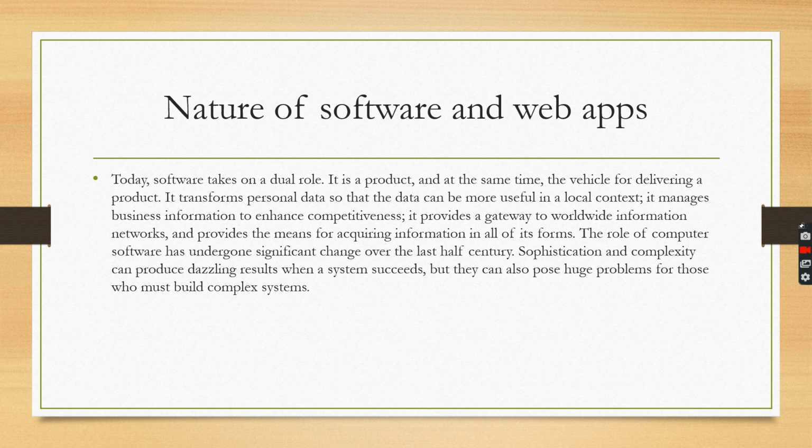The role of computer software has undergone significant change over the last half century. Sophistication and complexity can produce dazzling results when a system succeeds, but at the same time, they pose a very huge problem for the designers who design it due to the complex algorithms in it.